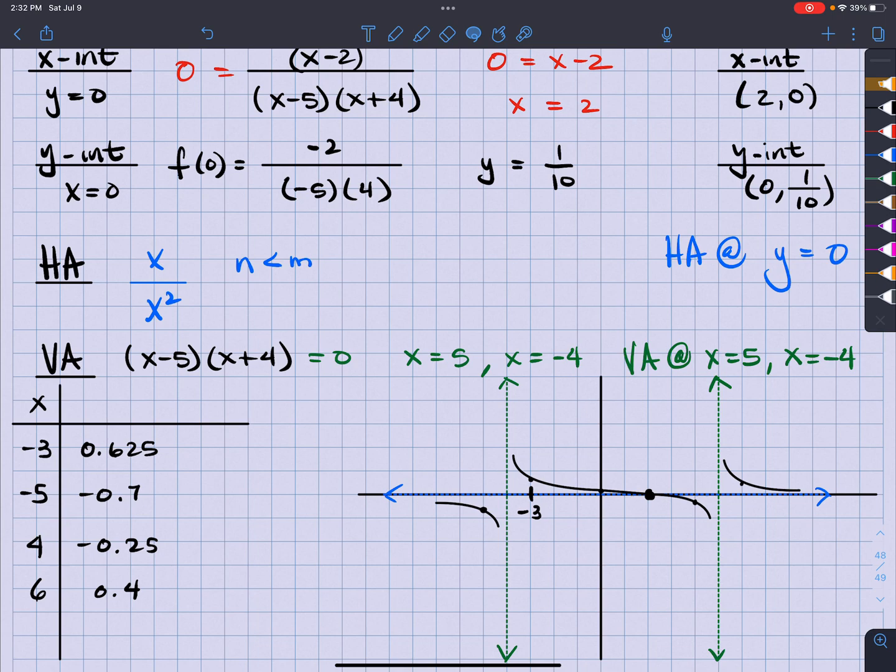Get something like that as well, and that's exactly what it would be. All right, so if you look at that, that is going to be choice D.